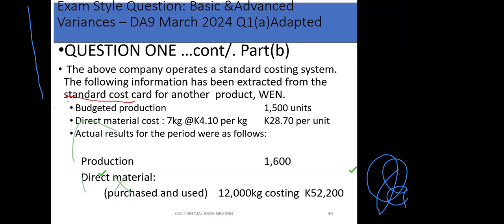So everything here is standard. Okay. So we have budgeted production, 1,500. Direct material costs, that's 7 kg standard, 4.1 standard, and even 28.70 standard. Then the actual results, actually it's up to here.